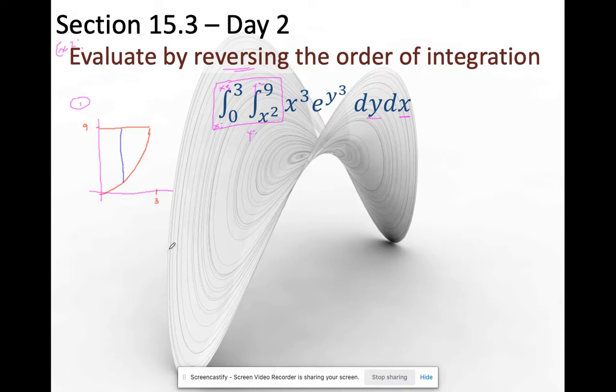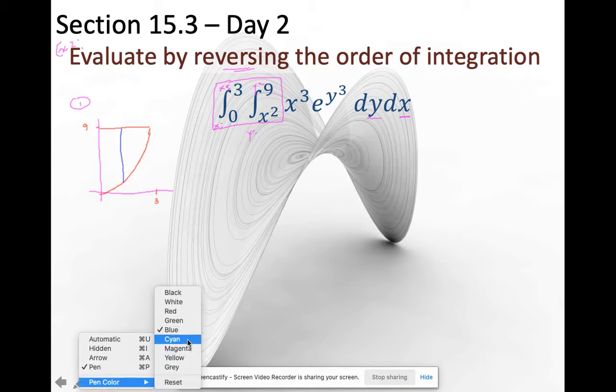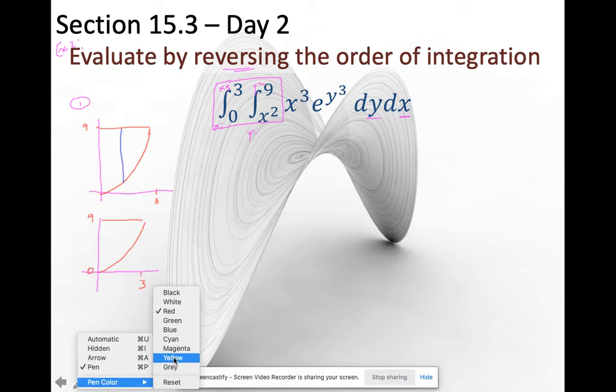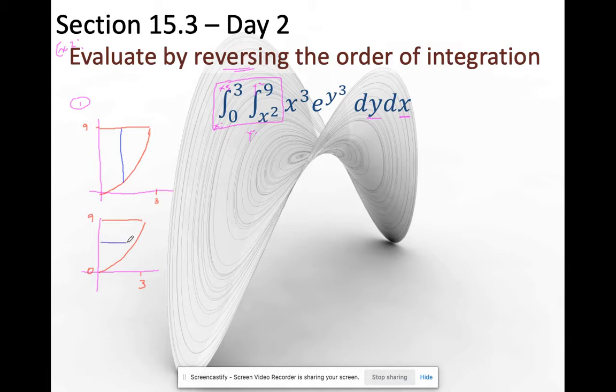I want to reverse the order of integration, which means I want the exact same region, not changing the domain region, but I want to draw horizontal strips.